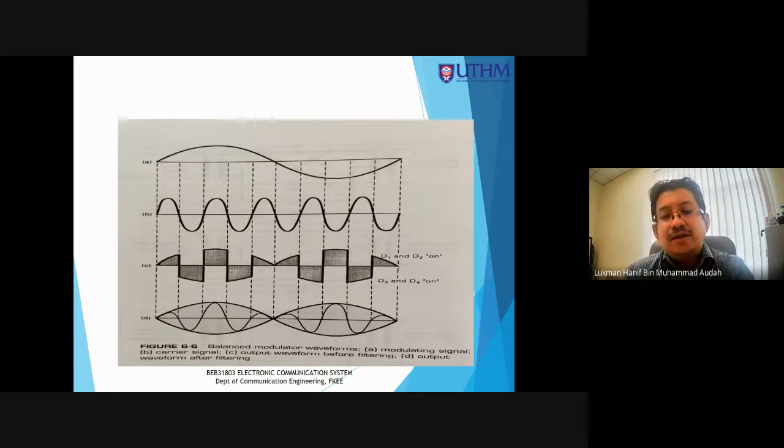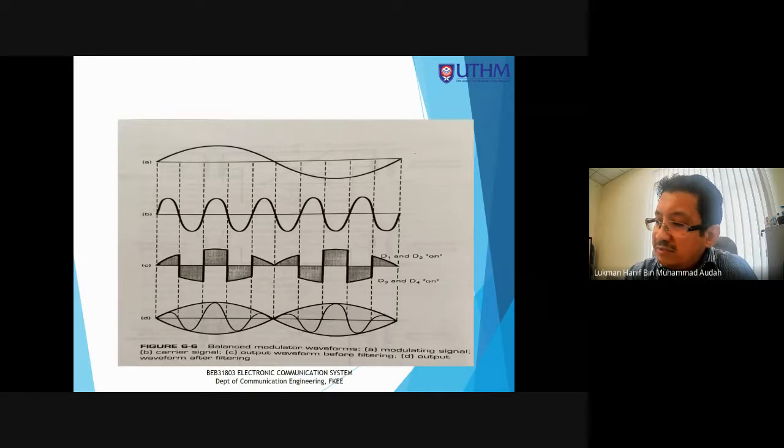So saya nak tunjukkan macam mana bentuk gelombangnya. Ini saya ambil daripada buku Wayne Tomasi. Dalam slide yang asal tak ada, so saya tambah satu slide ini saja, just untuk tunjukkan kepada kamu berkenaan gelombang output yang terhasil. Ini ada dalam bahagian Circuit Balance Modulator.